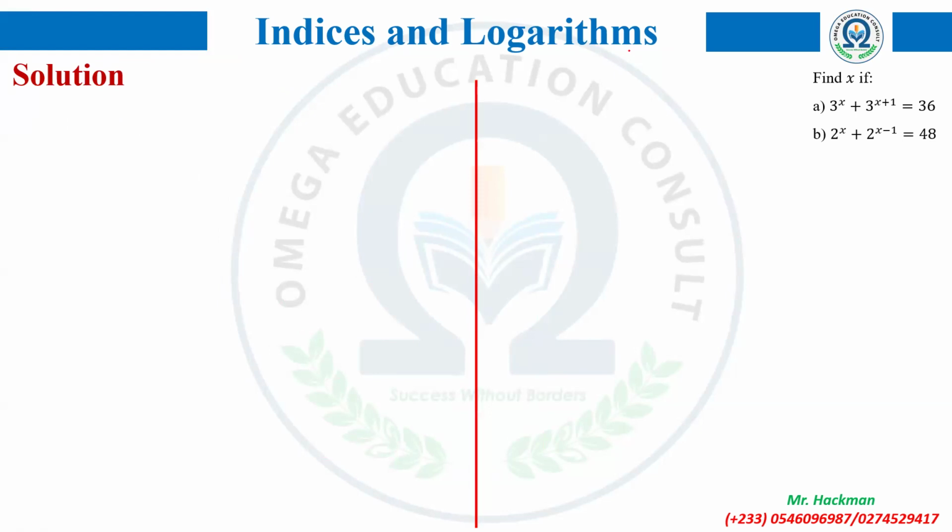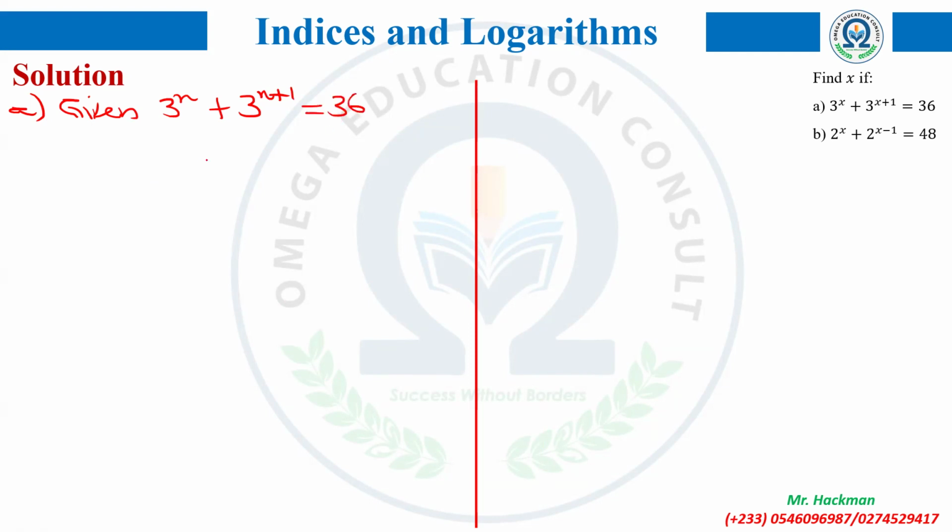All right, so we are supposed to find x. Let's go to A. What are we given? We are finding x. Given 3 to the power x plus 3 to the power x plus 1 is equal to 36.